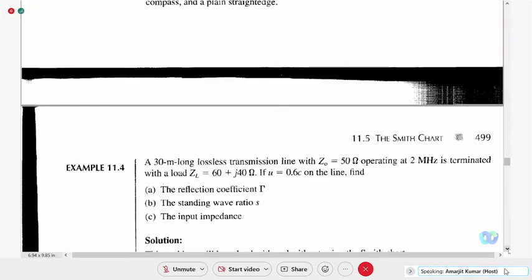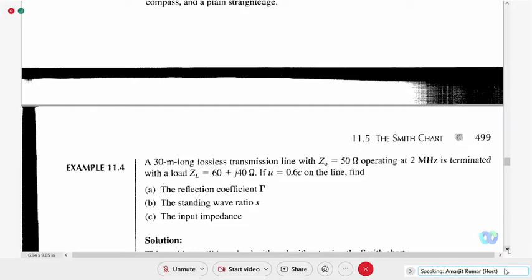Now the standing wave ratio. So 1 plus mod of gamma divided by 1 minus mod of gamma. So 1 plus, what was the magnitude? 0.3523. 1 plus 0.3523 divided by 1 minus 0.3523.